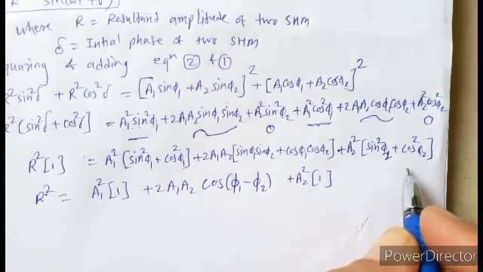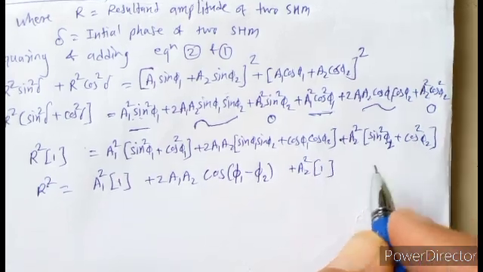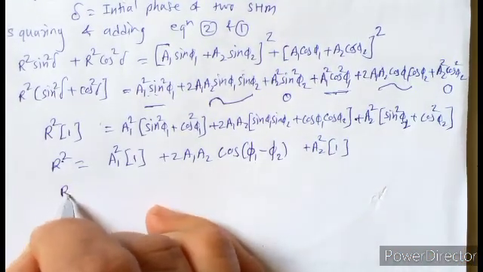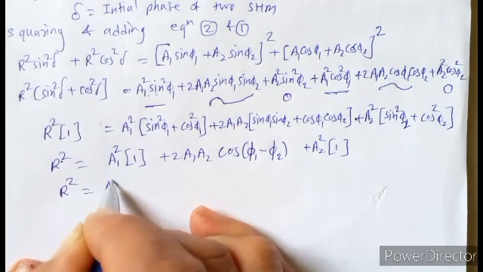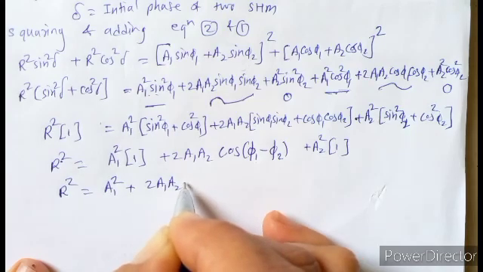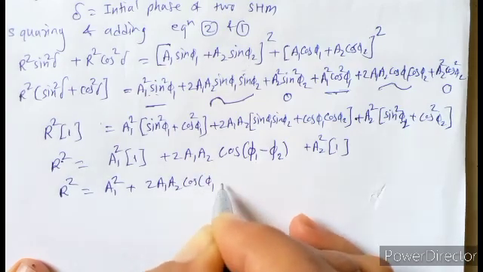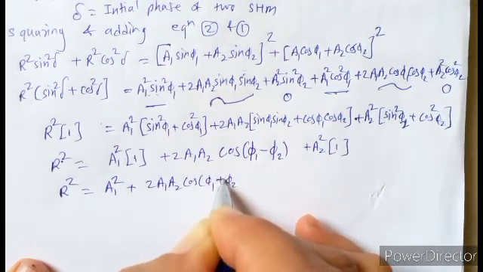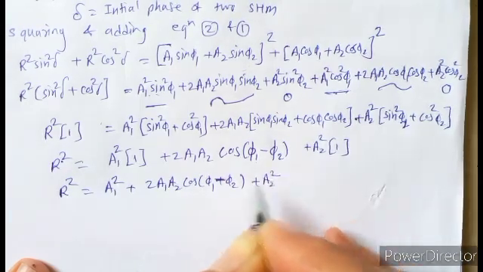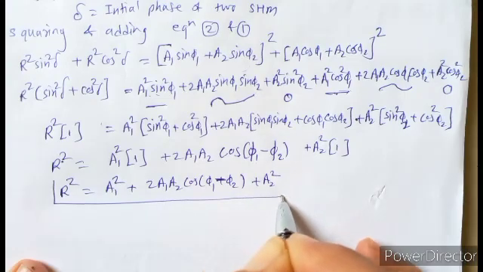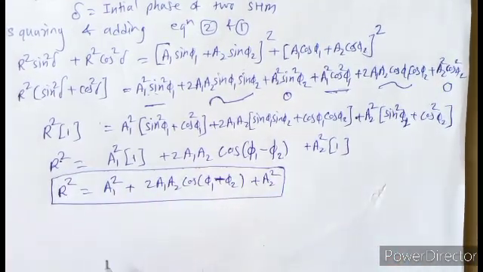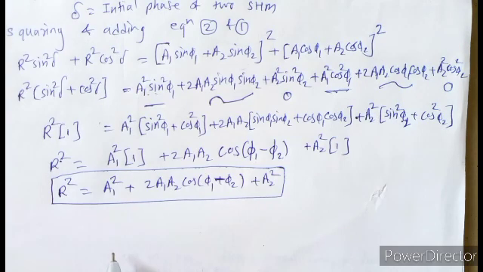Again, using the identity of trigonometry, we get the value as 1. So the net equation is r square is equal to a1 square plus 2 times a1a2 cos of (phi 1 minus phi 2) plus a2 square. It gives you the resultant amplitude of 2 SHM or composition of 2 SHM.